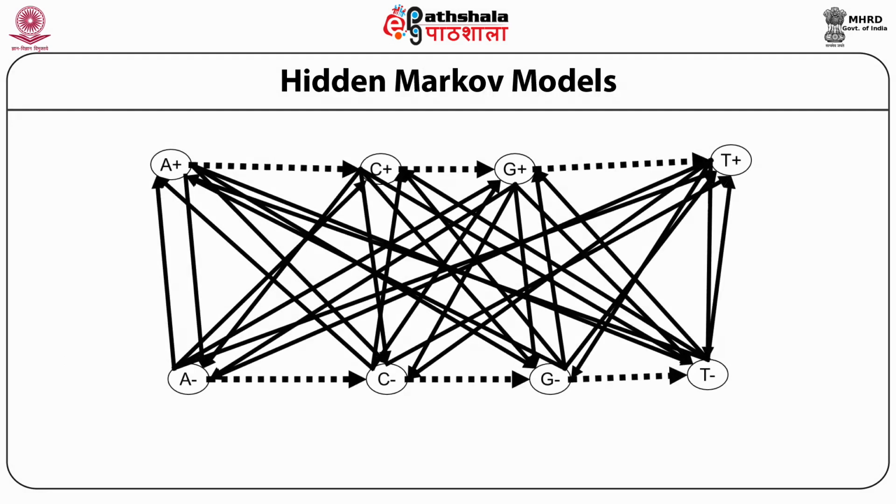So this is the overall shape of my Markov model. At the bottom I have the non-CpG islands, A minus, C minus, G minus, T minus. At the top I have A plus, C plus, G plus and T plus. I have transition probabilities for every state going to every other state.